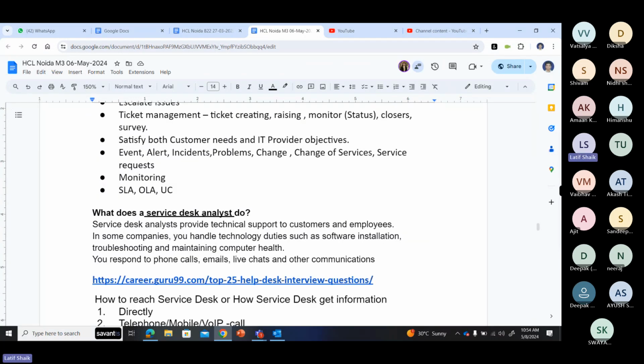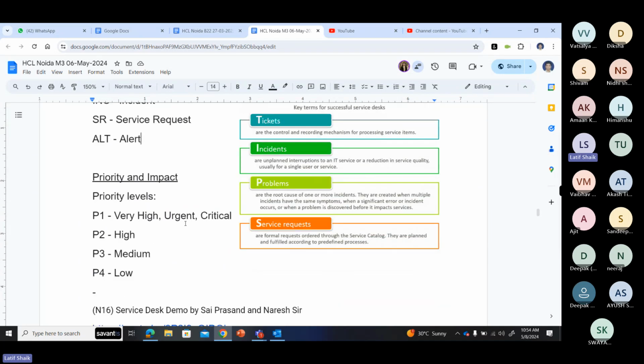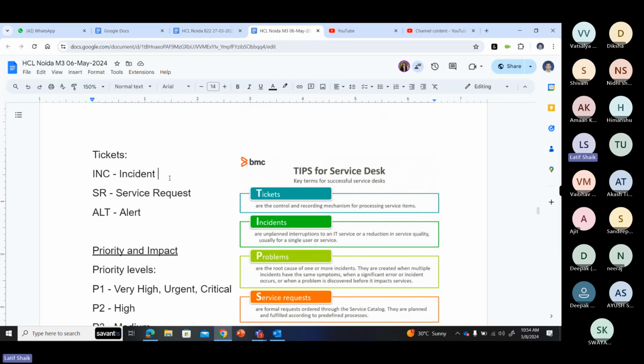And we already discussed different types of tickets: incident ticket, service ticket, and alert ticket. Incident tickets are generally for any issue, any unplanned interruption, like a service down, a system not working, a network disconnected, or being unable to send or receive mails. So that is incidents.